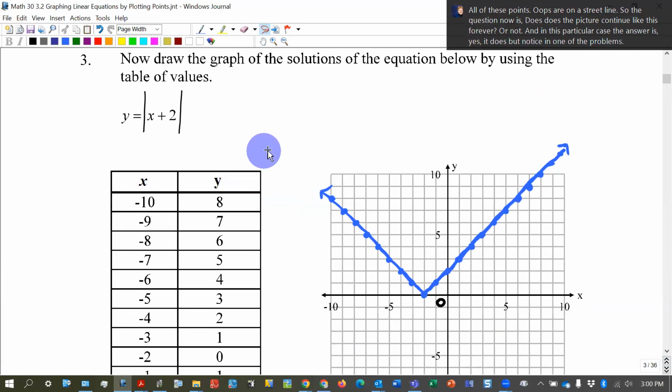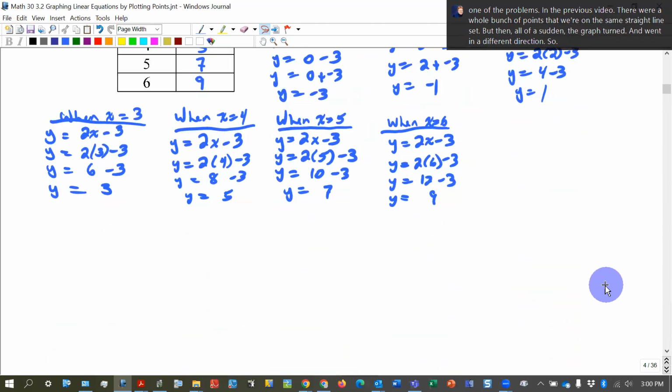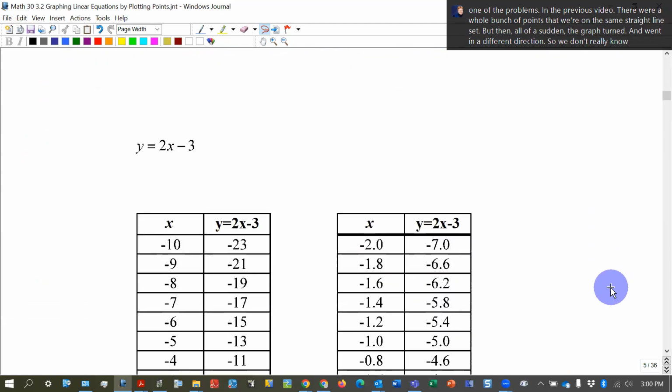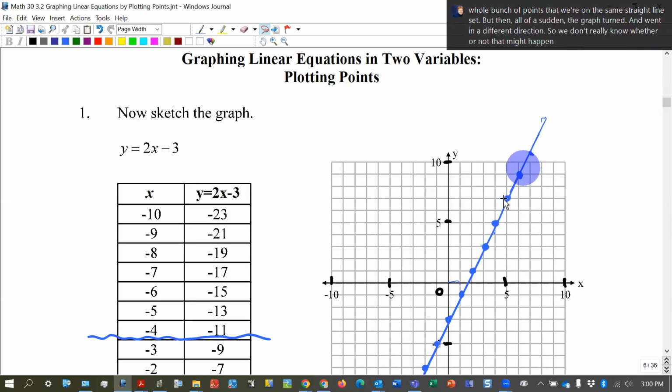But notice in one of the problems in the previous video, there were a whole bunch of points that were on the same straight line segment, but then all of a sudden the graph turned and went in a different direction. So we don't really know whether or not that might happen in this picture, because it's only our third example of graphing an equation.